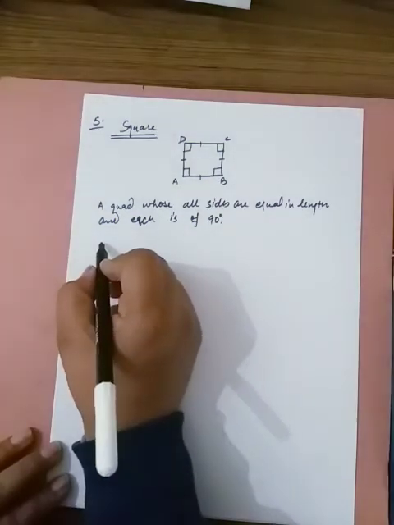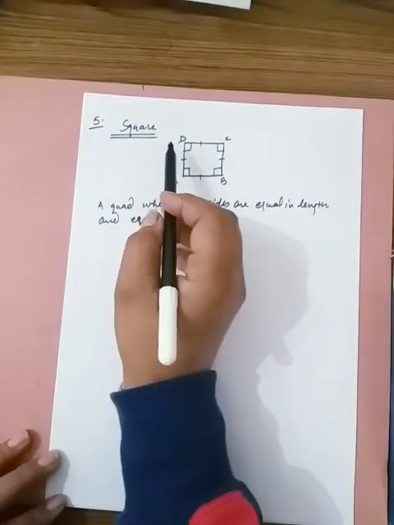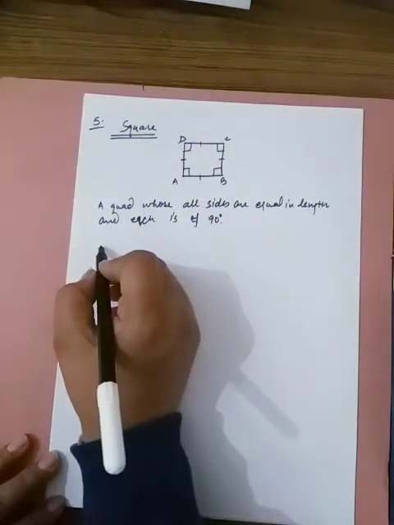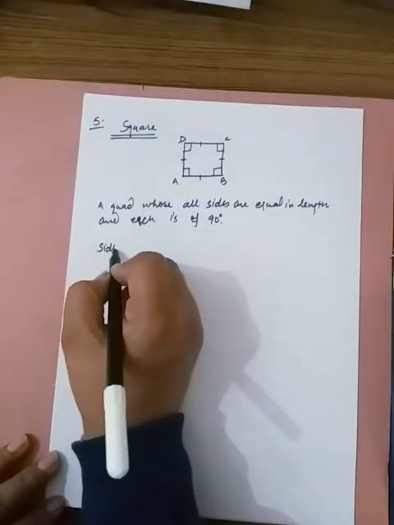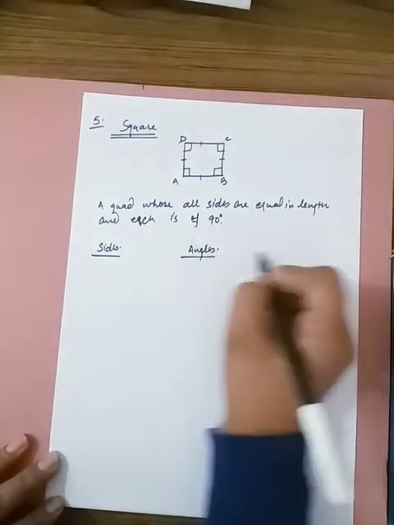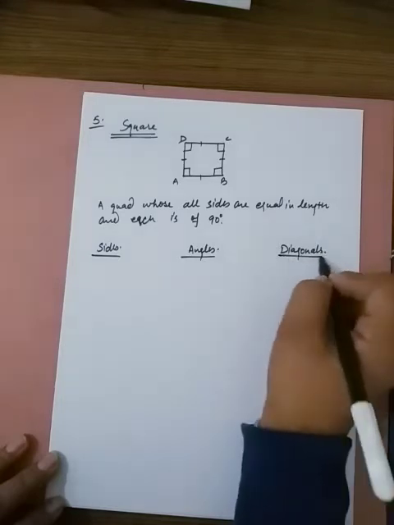So what are the properties of a square? And also remind that square is also called a regular quadrilateral. And what are the properties? Again, for the sides, about angles, and about diagonals.